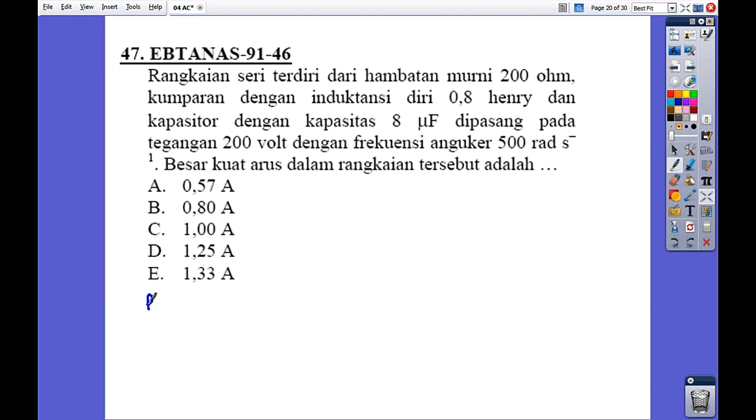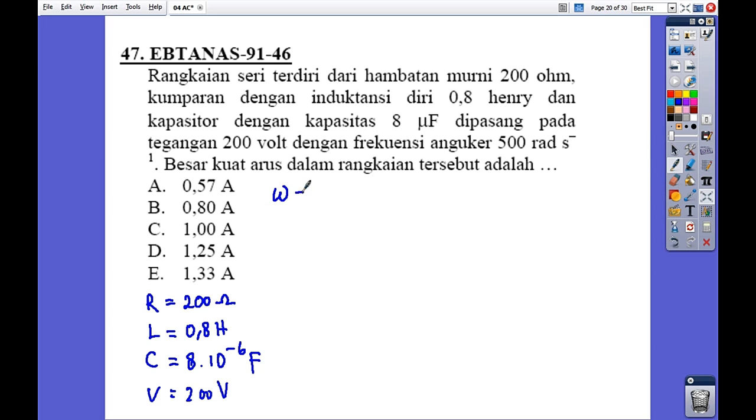So we have R 200 ohm, L 0.8 Henry, C 8 times 10 to the power of minus 6 Farad, voltage 200 volt, and omega 500 radian per second.